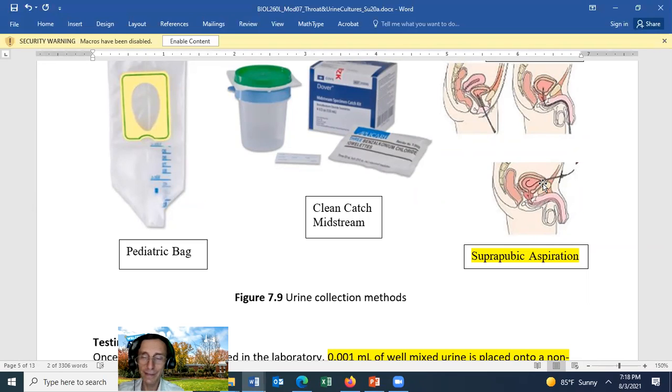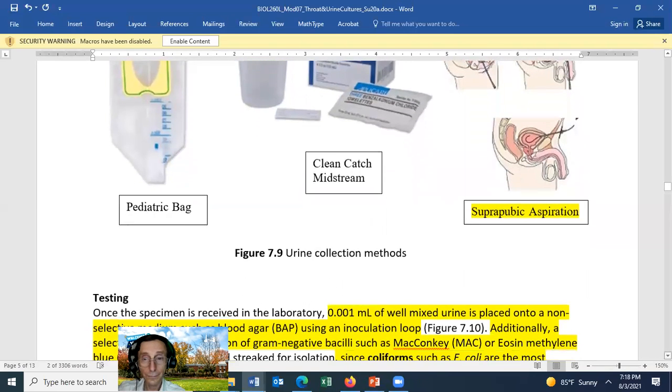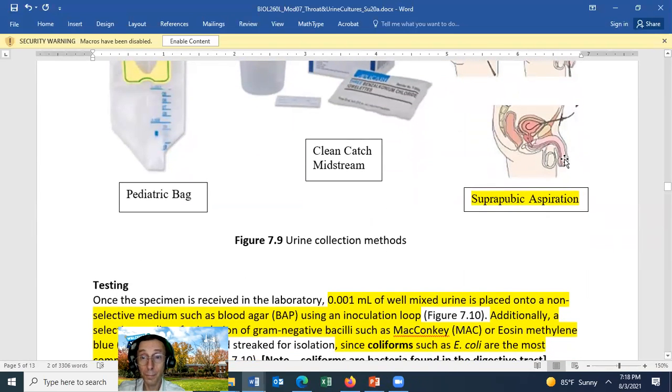I'm not sure how easy that is to do because I've never done it. Anyways, if you do a suprapubic aspiration, you should not have any contaminating bacteria. So any bacteria you get out of that should be the human pathogen causing the urinary tract infection in the bladder.